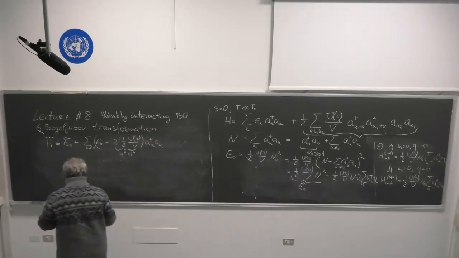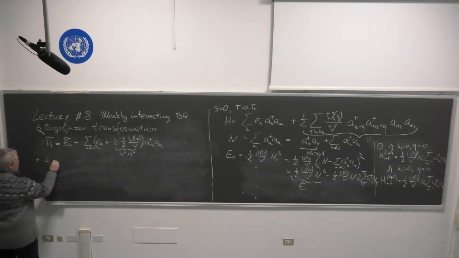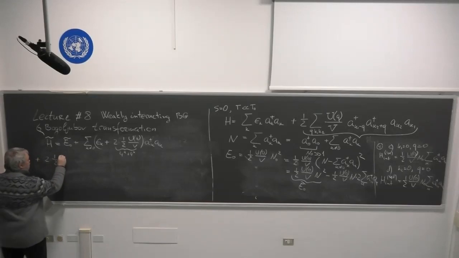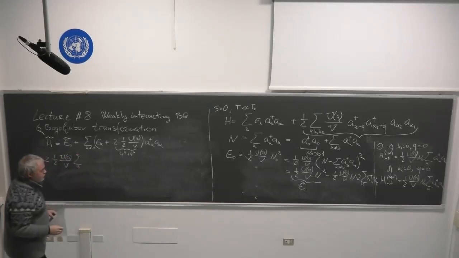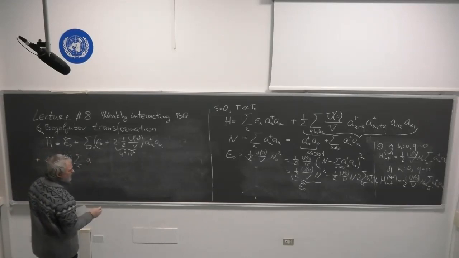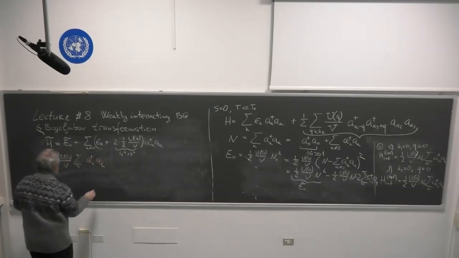Then I have a term, two terms times 1/2 U node over V sum over k, a dagger k a k.